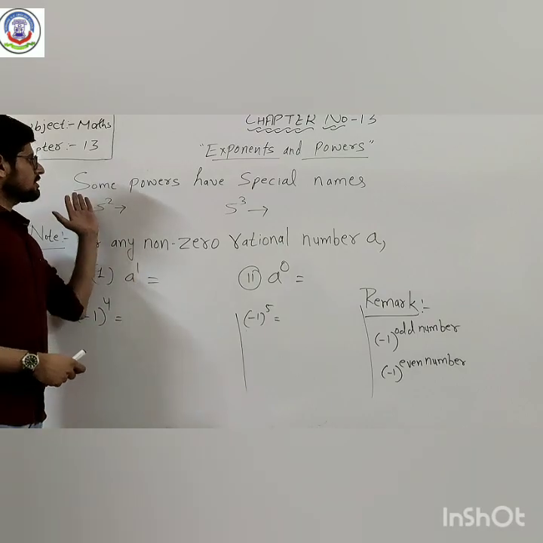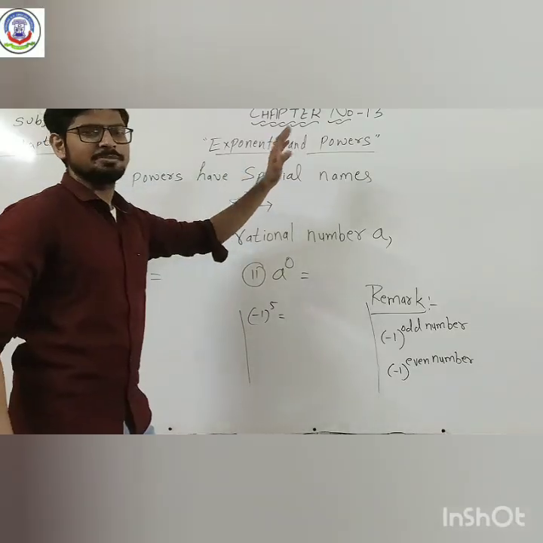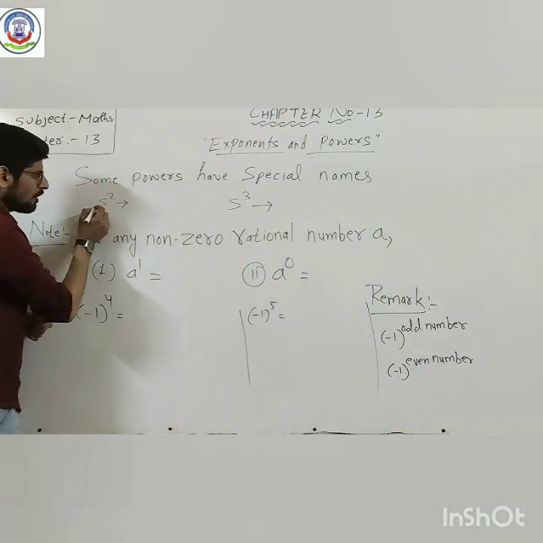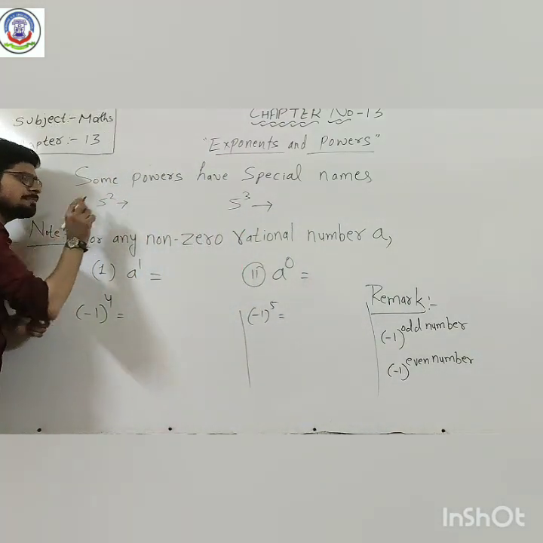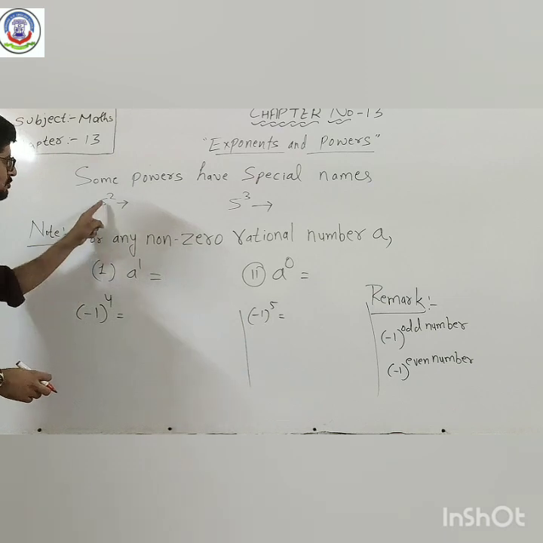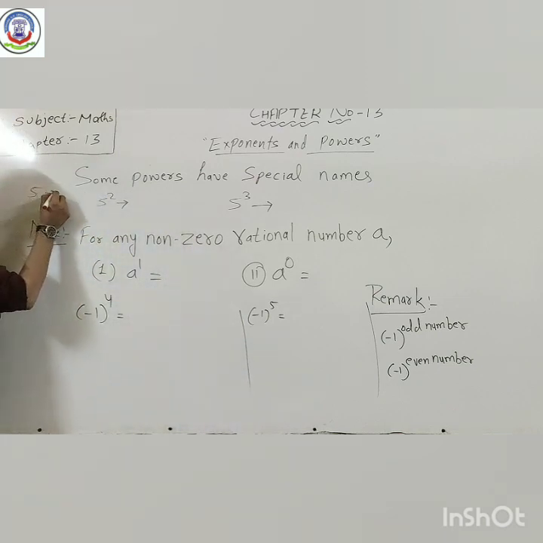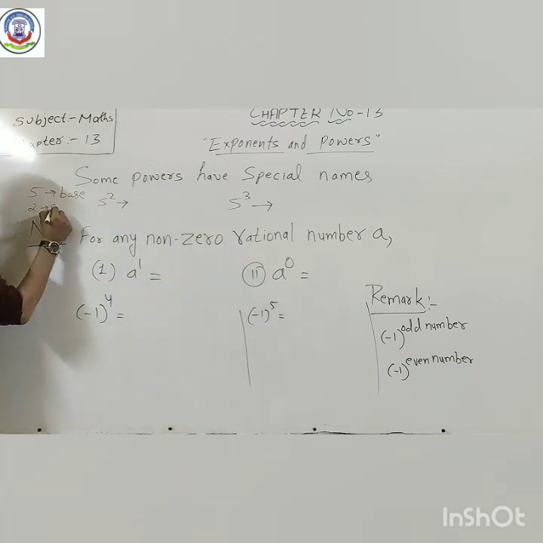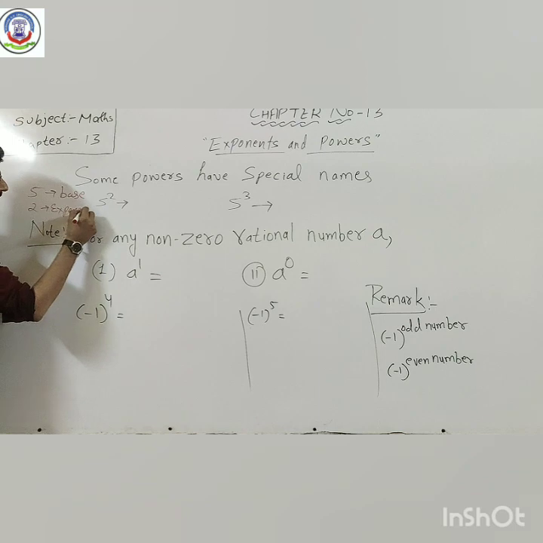Okay. So here some powers have their special names. Like 5 raised to the power 2. Here 5 is called the base and 2 is called the exponent.